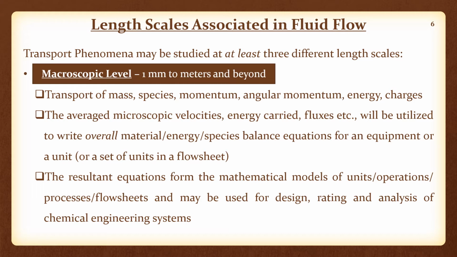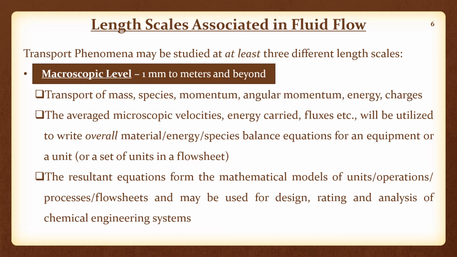For example, in a plug flow reactor, naturally the conversion will vary as you go along the length of the reactor. But even so, in a macroscopic system, you probably would be interested in the exit conversion of the plug flow reactor, not how the conversion is varying intermediately. You may have that expression, but you may only use it to calculate the exit conversion.